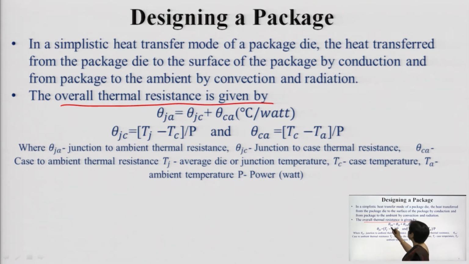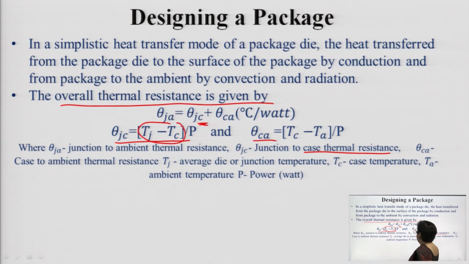Now this thermal resistance is calculated by theta JA, that is, theta JA is equal to theta JC plus theta CA. Now what is this theta JC? Theta JC is junction to case, and this theta JC is the temperature difference between junction and case divided by power.